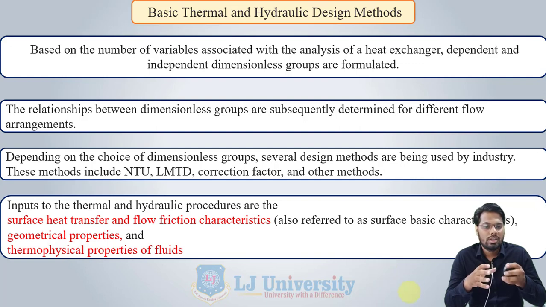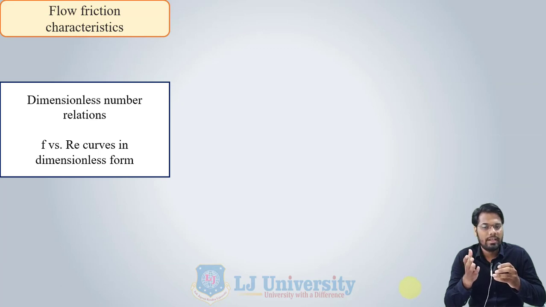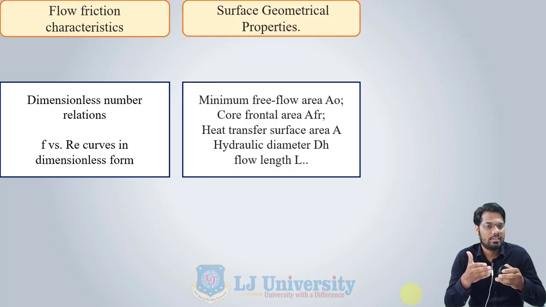So the inputs to the thermal and hydraulic procedure are surface heat transfer and flow friction characteristics, geometrical properties and thermophysical properties of the fluid. For flow friction characteristics, we require dimensionless number relations and the friction versus Reynolds number curve in dimensionless form.